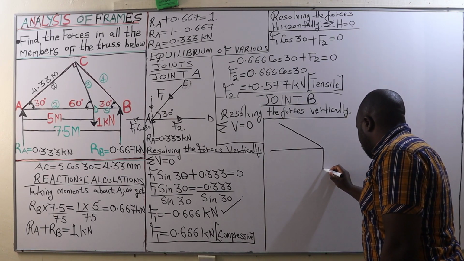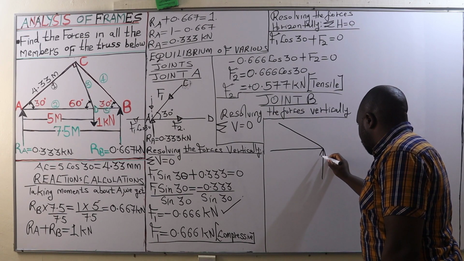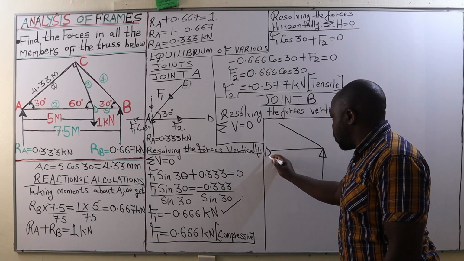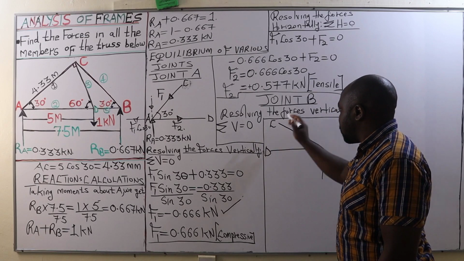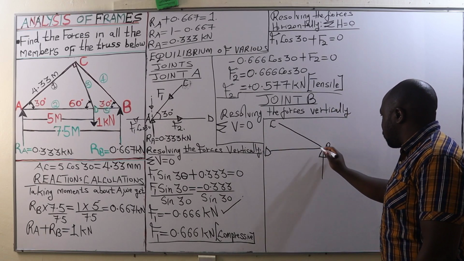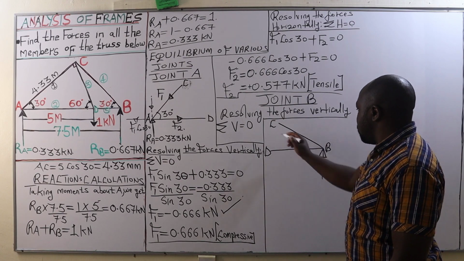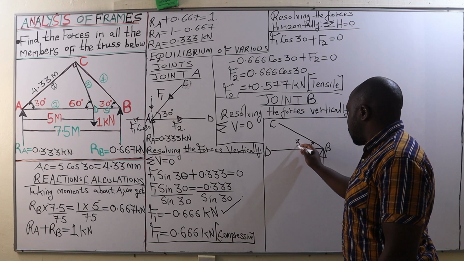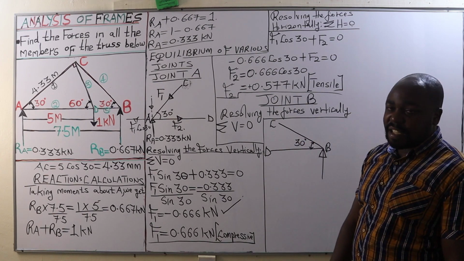We have a reaction. So this is joint D, this is joint C, and this is joint B. Angle DBC is 30 degrees.